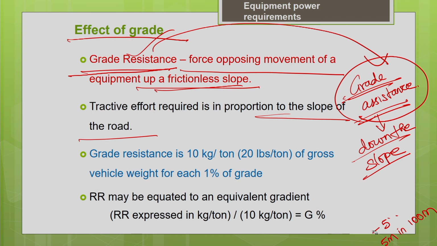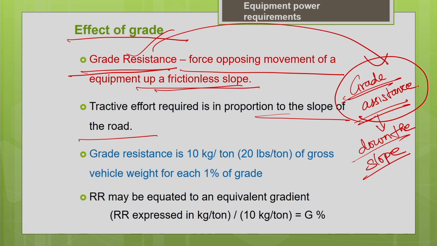So basically, the greater the percentage of your slope, the more tractive effort will be needed. So when you select your haul route, we have to be very careful in the selection. If there is an option that you can use the down slope, it is always preferable to use down slopes, because your power required gets reduced.